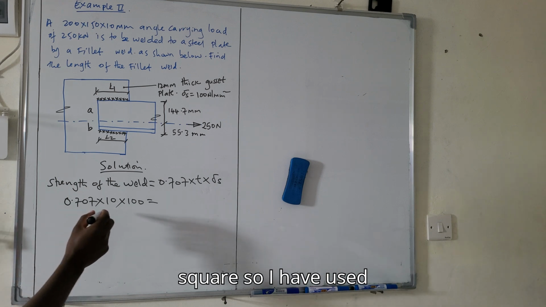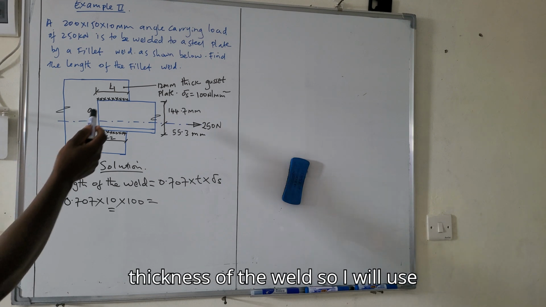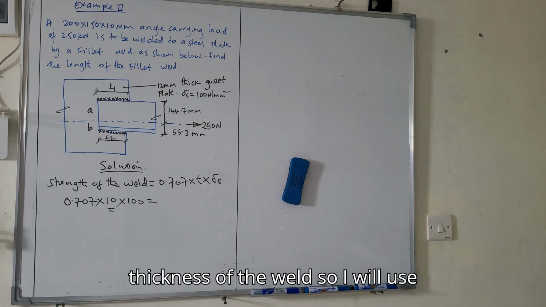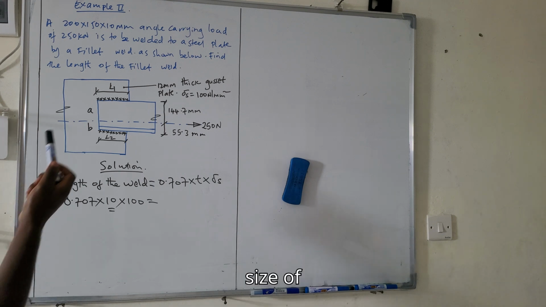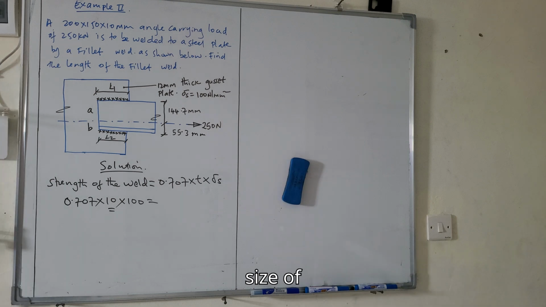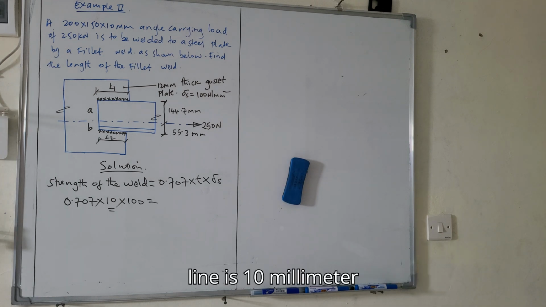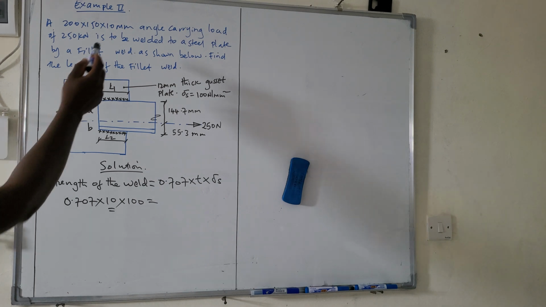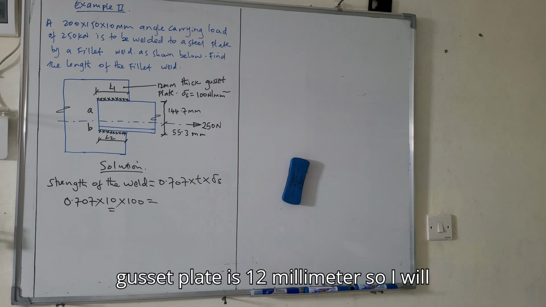I have used 10 because we have not been told the thickness of the weld. So I will use 10 because the thickness of the angle line is 10 millimeter, and the thickness of the gusset plate is 12 millimeter.